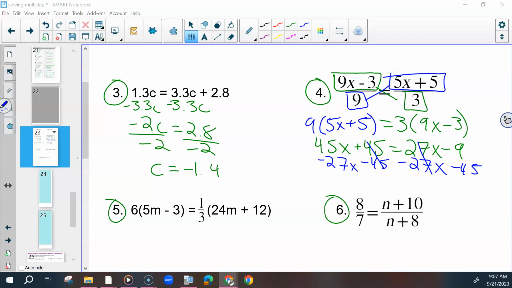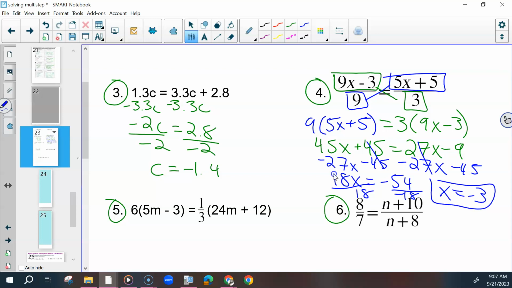Negative 7. Negative 3. As the final answer. Sorry, what's just this part? 18x equals negative. And when we divide, we would get negative. Do we have any questions on that one before we continue? Anything that didn't make sense?